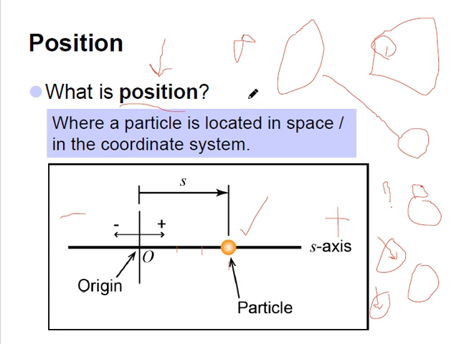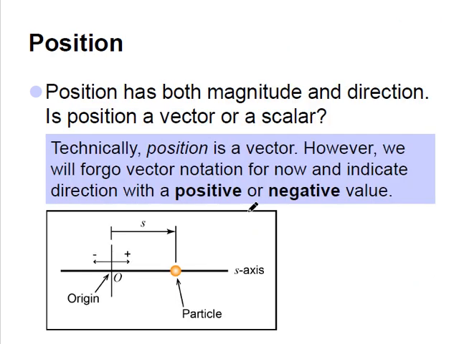Okay, so anyway, come back to science and engineering here. You need to know position. Why? It's because it's going to tell you the starting point and the current point. All right, and we're going to go into position in a little more detail. So position doesn't just tell us where a particle is in dynamics, because it also has a direction.